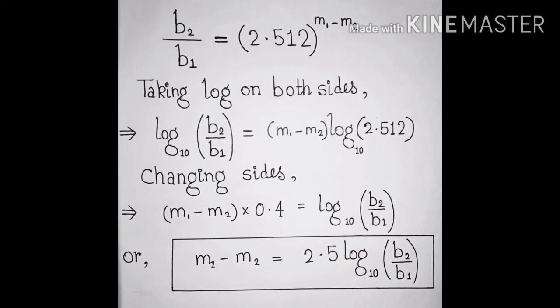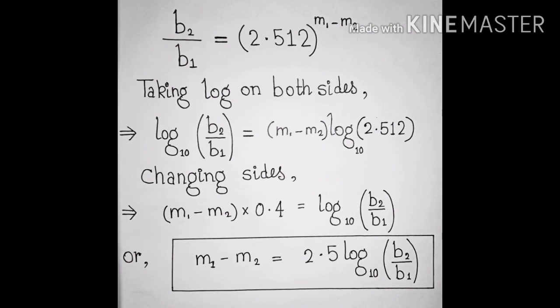Now let's return to the first equation. B2 by B1 is equal to 2.512 to the power m1 minus m2. Taking log on both sides, log 10 of B2 by B1 is equal to (m1 minus m2) times log of 2.512, that is 0.4.